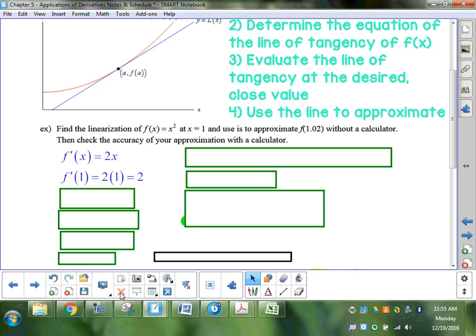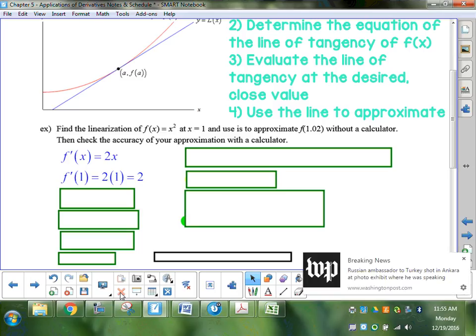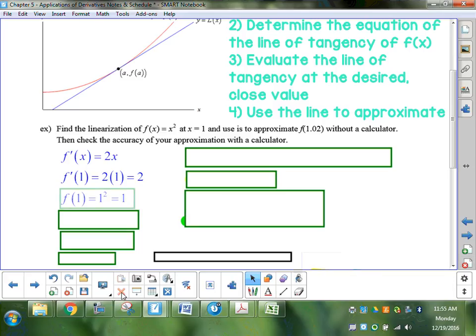A point? Which point do you want to use? Nope, that's what we're going to try to approximate using this line. 1. So let's evaluate my function at 1, and we get 1.